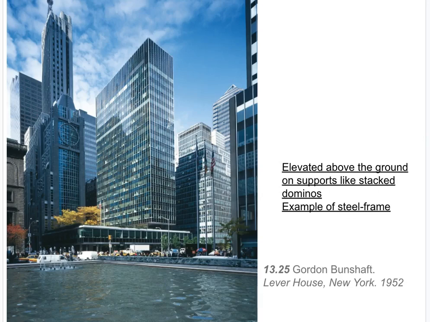So here we go. This is the Lever House in New York. Let me describe what you're seeing here. This is like the bottom of the building. It's actually supported underneath by columns. So it's almost like a post and lintel understructure there.